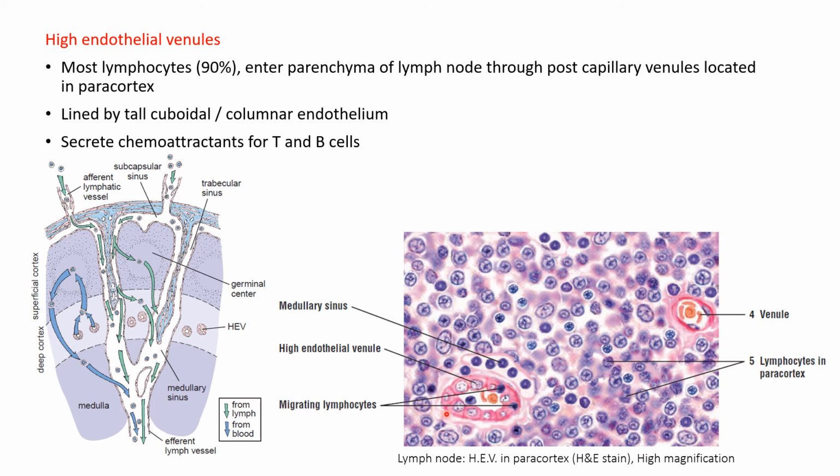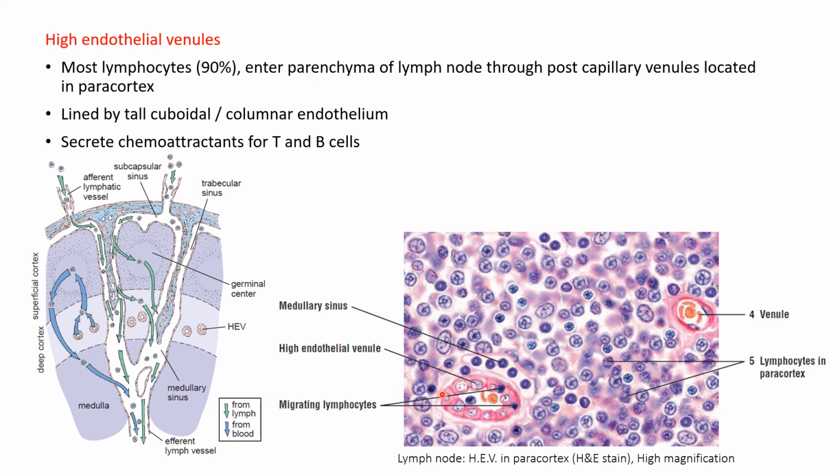A special property of this tall cuboidal endothelium is that it can secrete chemoattractants for T and B lymphocytes. Because of this, the T and B lymphocytes can migrate across the high endothelial venule into the parenchyma of the lymph node.